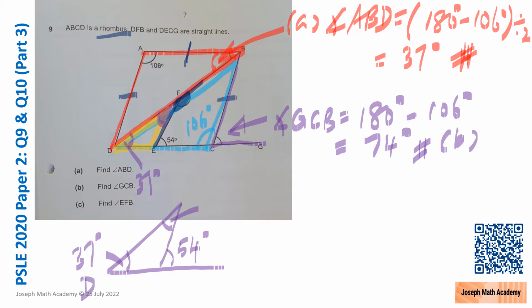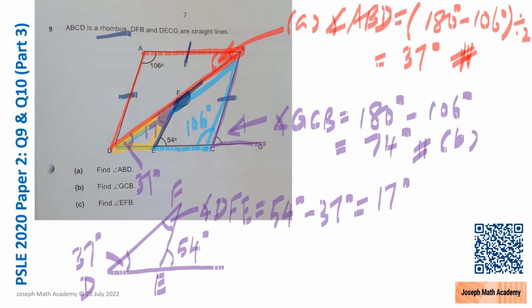We can find angle DFE using the exterior angle property. So angle DFE is equal to the exterior angle 54, subtract the interior angle 37. That gives us 17 degrees.